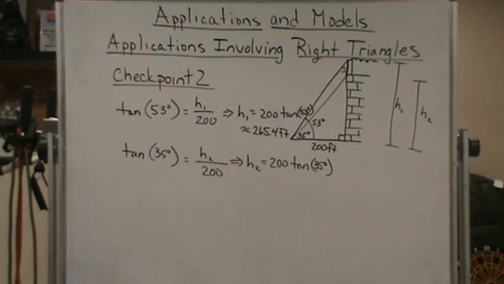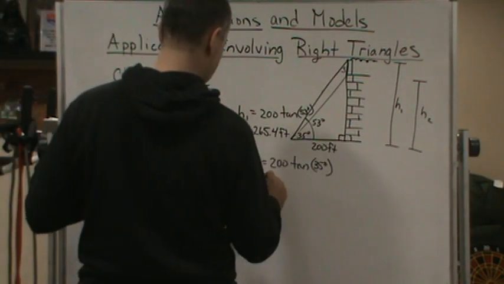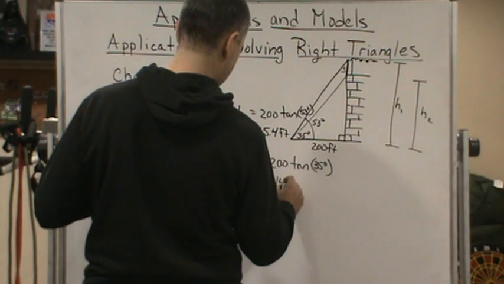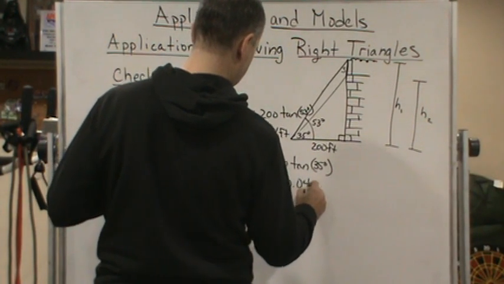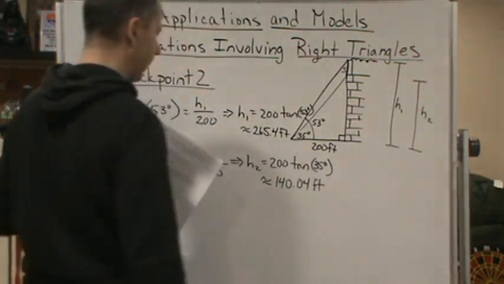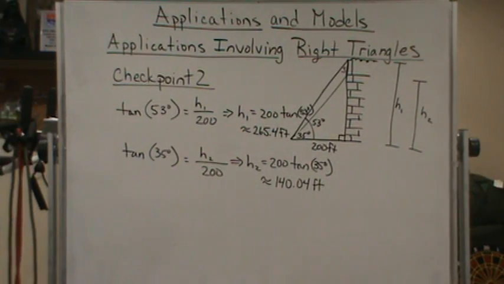And the next one, we'll do again, 200 times the tangent of 35 degrees, and that's 140.04 feet. Okay, so there's our two heights.